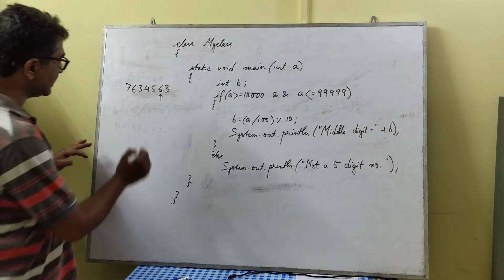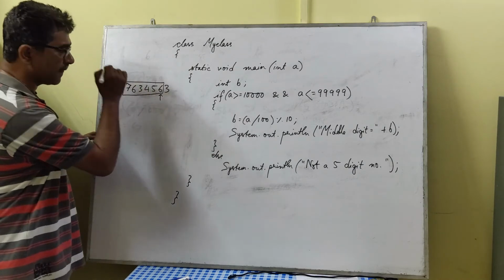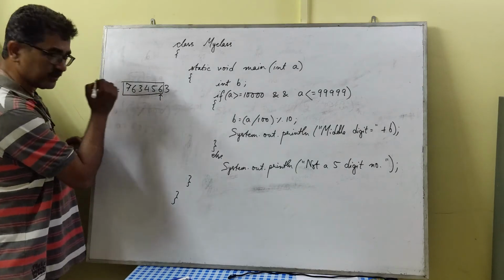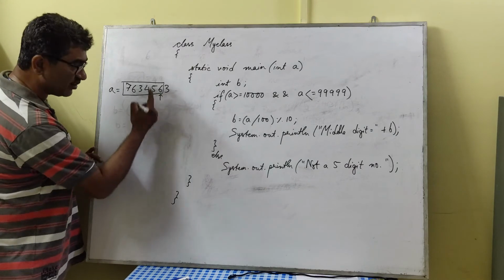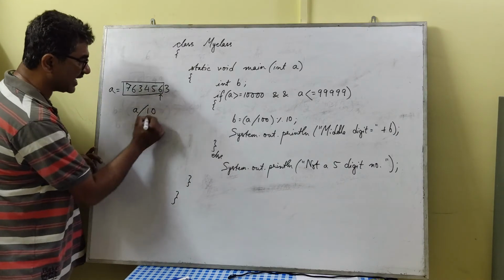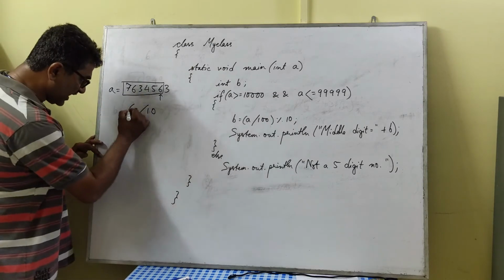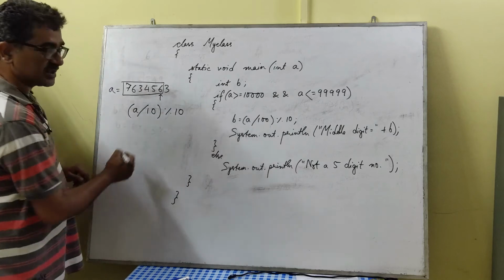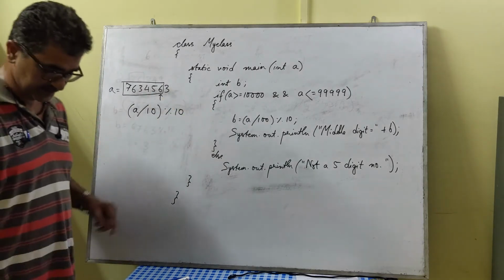So we are going to first extract this part of the number. Suppose this is A. So how do we do it? Divide by how many digits are after that? 1 digit. So we are going to divide it by 10. So what we are going to get? 7, 6, 3, 4, 5, 6. Now this, on modulus 10, is going to give you 6, which happens to be the second last digit. This is how the entire thing works.